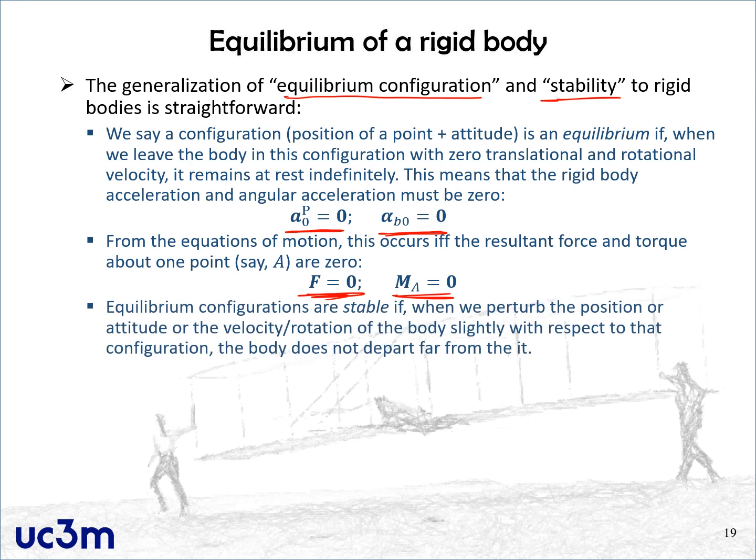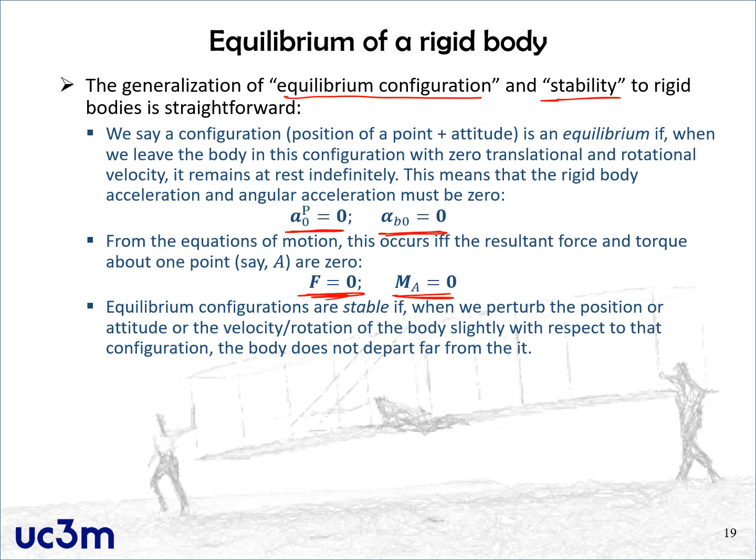When we have an equilibrium configuration, it's very interesting to discuss if it is stable or not. So the concept of stability is the same one that we have introduced before. Basically, the stability pertains to whether, if we perturb the configuration just a little bit by moving the rigid body or rotating it a little bit or applying some translational or rotational velocity to it, the rigid body will not go anywhere far from the equilibrium configuration.